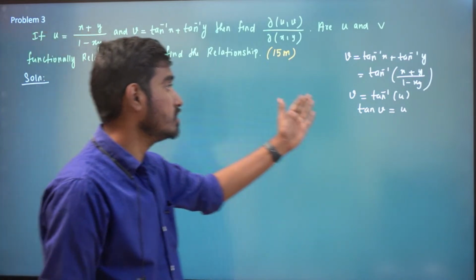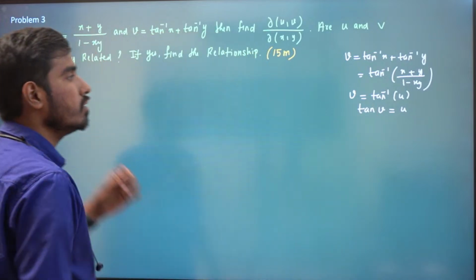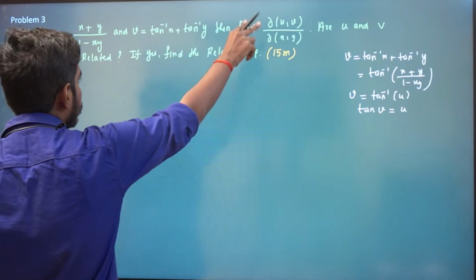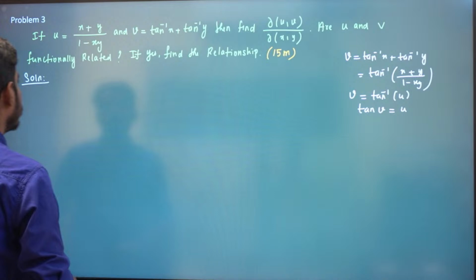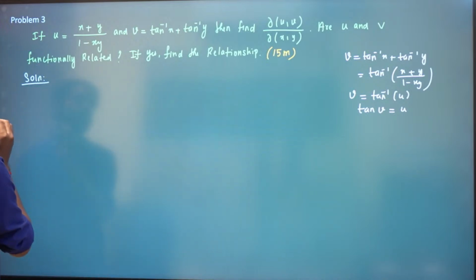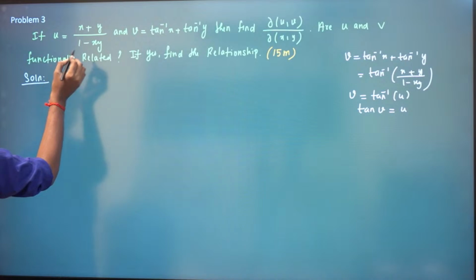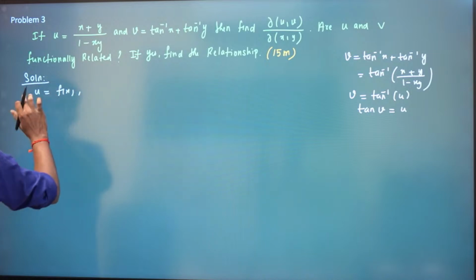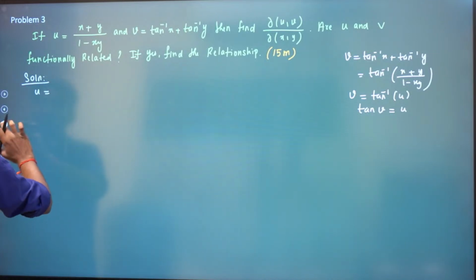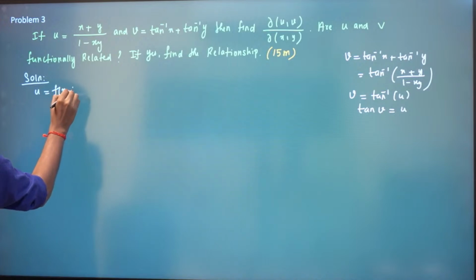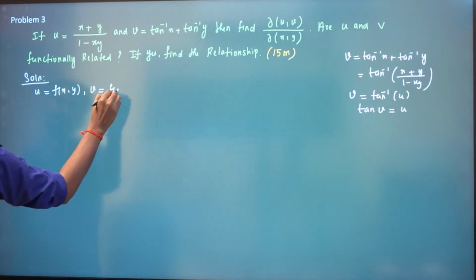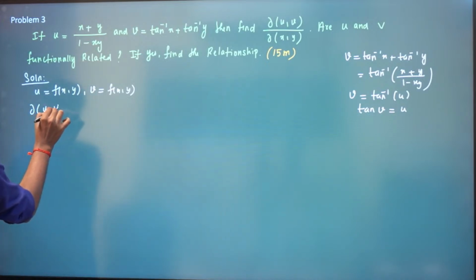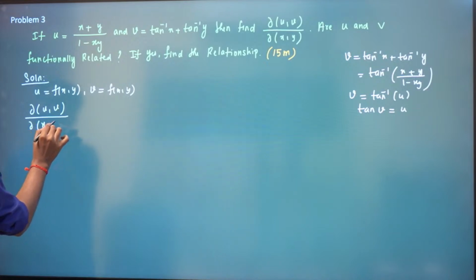If yes, find the relationship. This is a relation between u and v, right? But mathematically, we say that these two are related if this Jacobian is 0. See, u is a function of x comma y. v is also a function of x comma y. We will find dou(u, v) by dou(x, y).